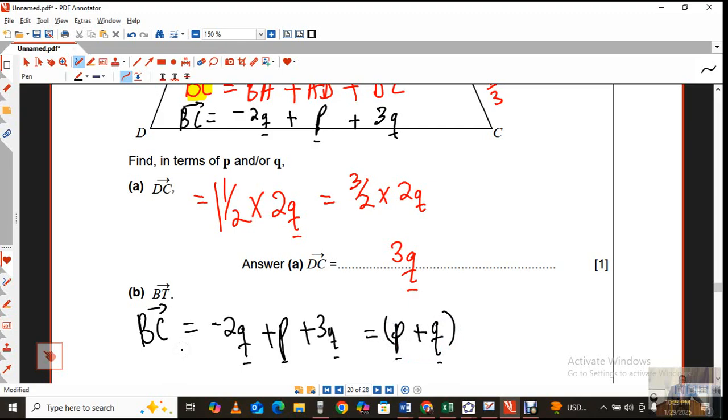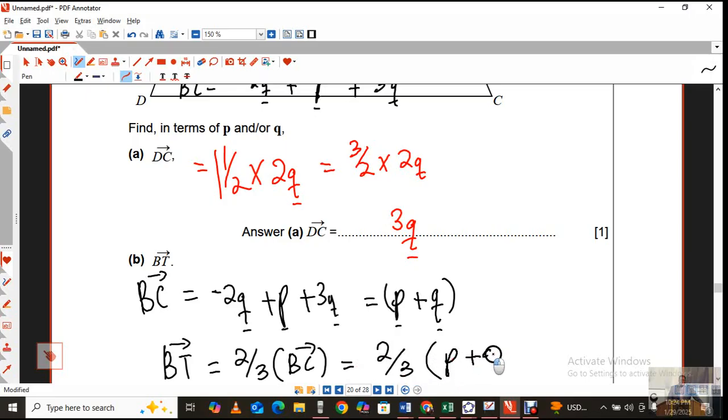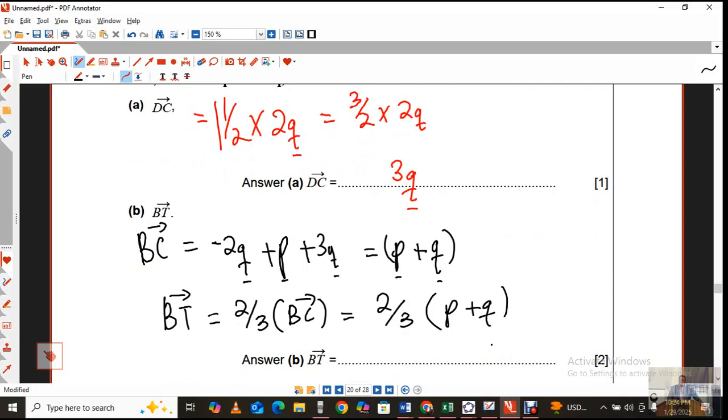But we are looking for what? BT. And from what I wrote down, I said that BT is equal to 2/3, remember, of whatever BC would be. So that implies it's 2/3 of P plus Q. And that's it. Nothing that you have to do further. You don't have to multiply that 2/3 out. You can leave it like that, vector geometry.